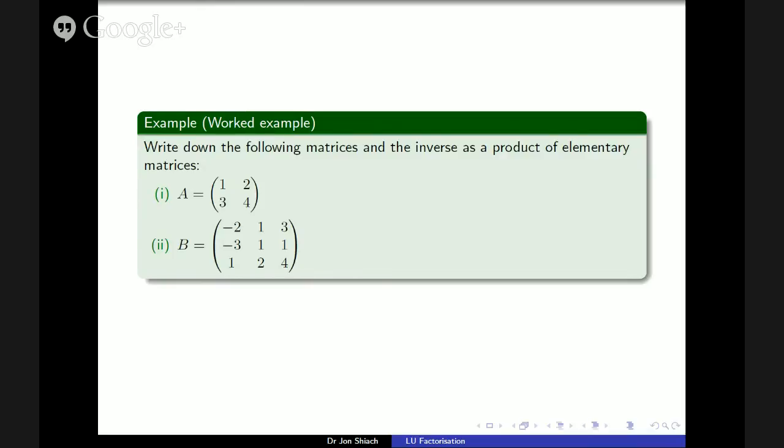And the first thing I did was A21(minus 3). So that just shows you, if you were to write out those matrices and multiply them all together, you should get back to A, and you should also get A inverse.